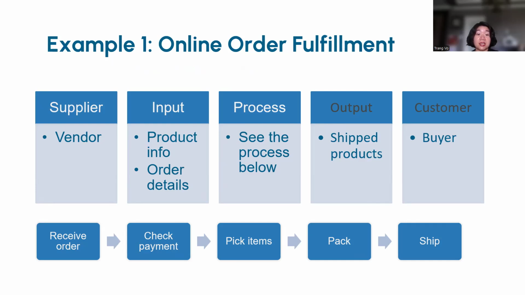The process is receive the order, check your payment, pick the item, pack it, and ship it. The output is the box of shoes at your doorstep. And the customer is you, the buyer. SIPOC helps the company see the full process and figure out where the problems and delays might happen.